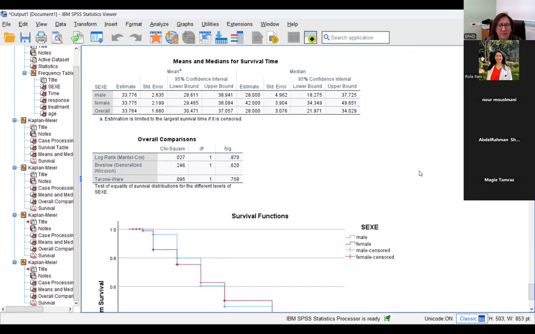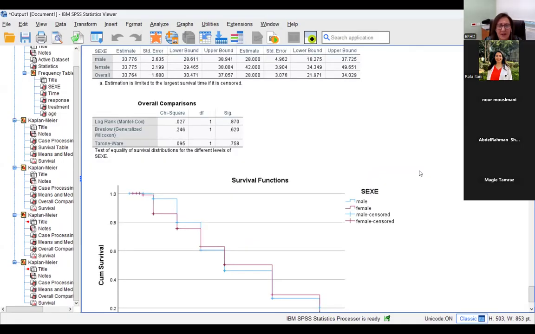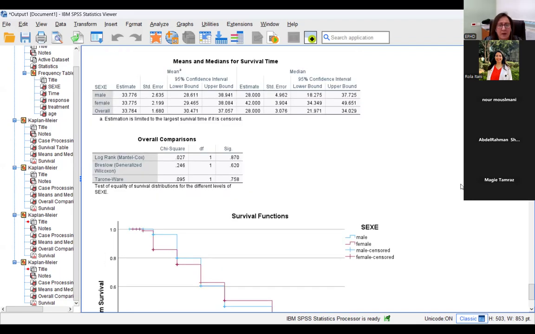So this is the survival by sex. Looking at the graph, we don't see much difference except at the very beginning. The means are very similar, except the median for the female is different.